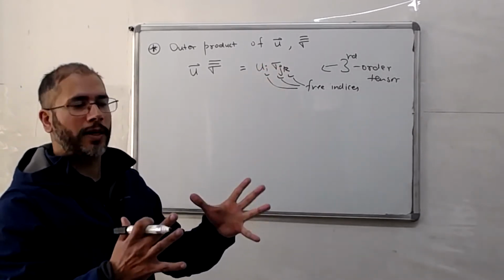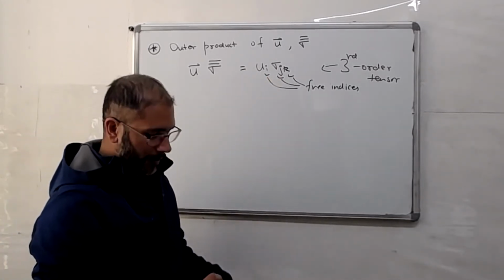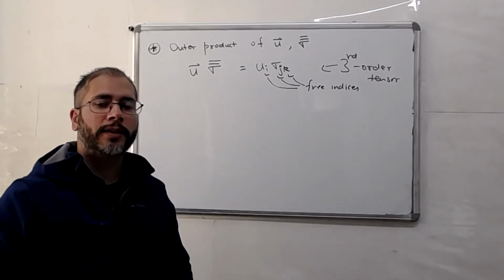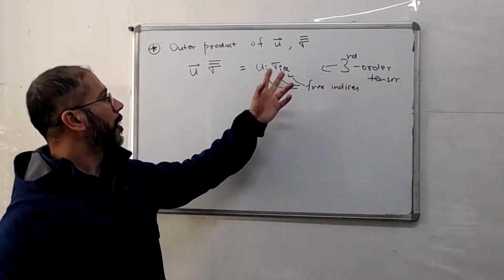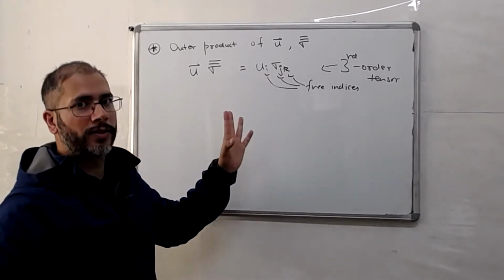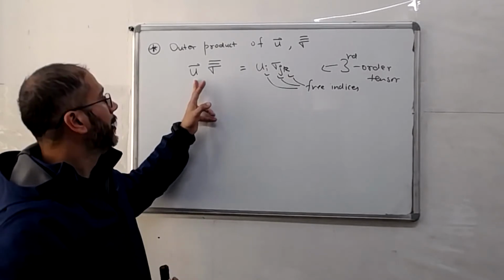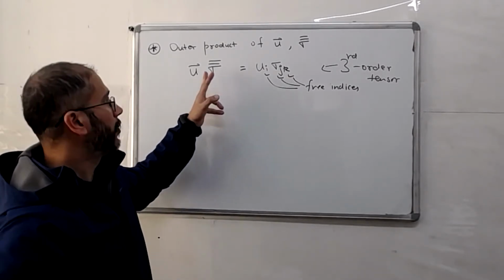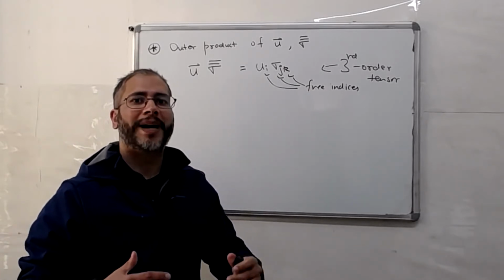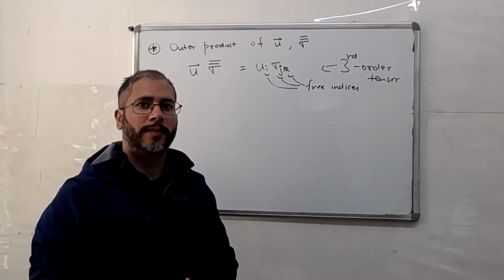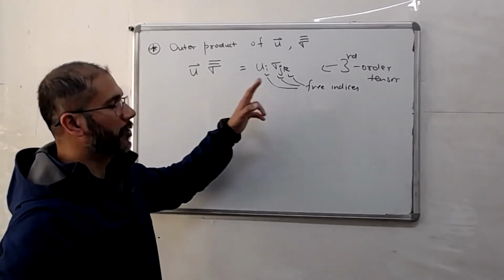So that's an outer product of u and sigma. The other thing that we see in outer products is that the order of the resultant product is equal to the sum of the orders of the two quantities. So the vector had an order 1 and the tensor had an order 2. So this becomes 1 plus 2 equal to 3. That's an outer product. So the maximum order that you can generate by multiplying these two quantities is called the outer product.